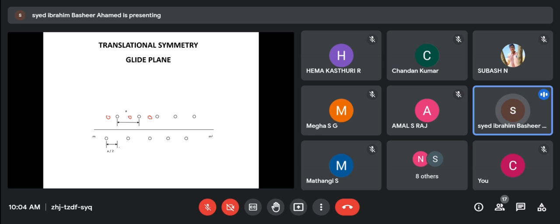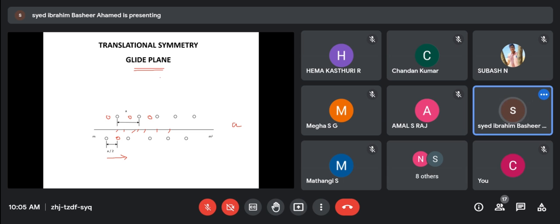So assume this is the A axis. I have to translate half a distance. If I translate half a distance, it will come over here, and if you apply the mirror, you will have the same identical object.